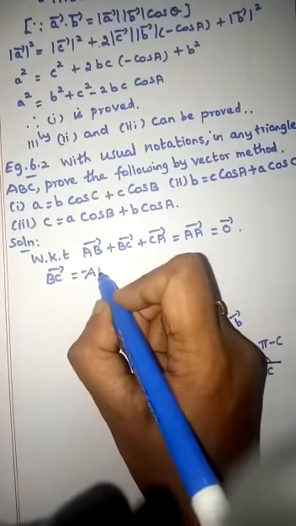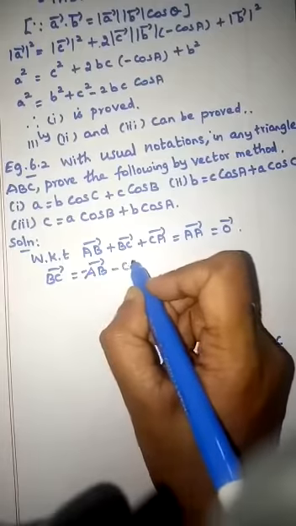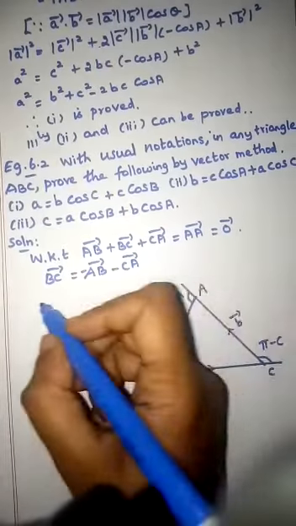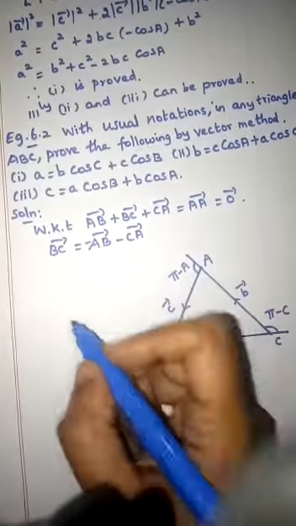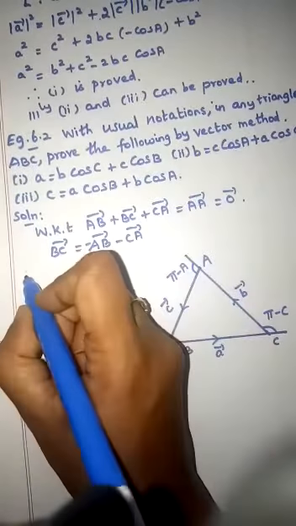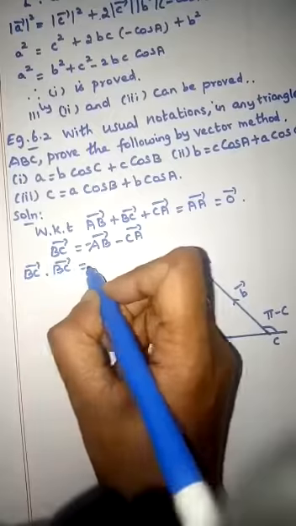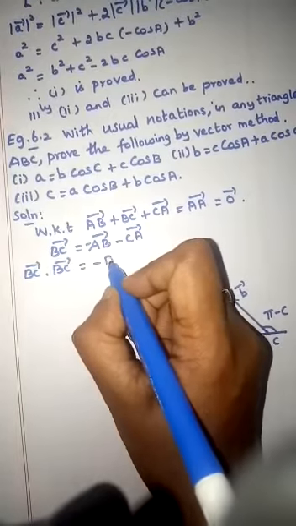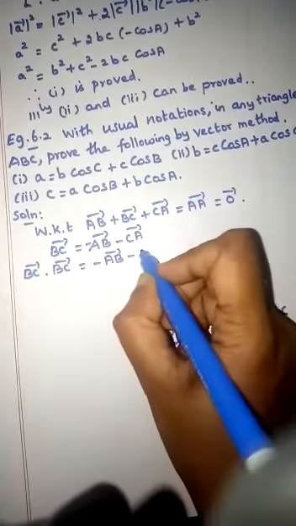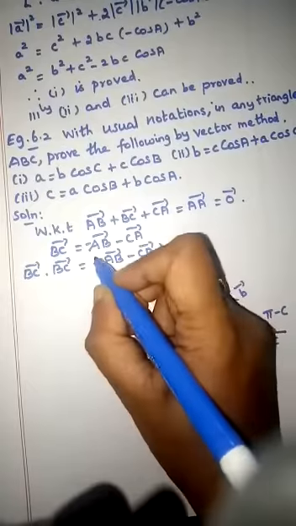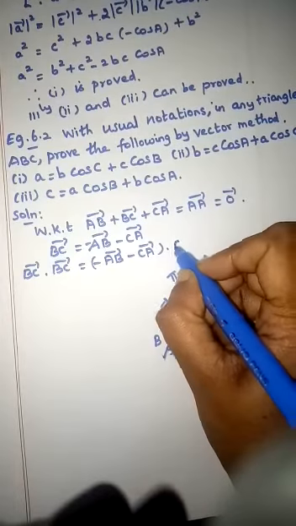It will become minus AB vector minus CA vector. Now take dot product of BC vector on both sides. So BC vector dot BC vector is equal to minus AB vector minus CA vector along with this dot BC vector.